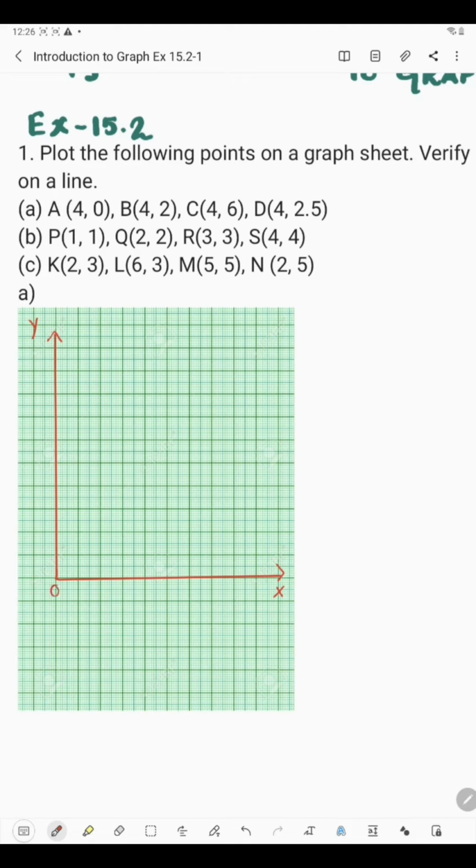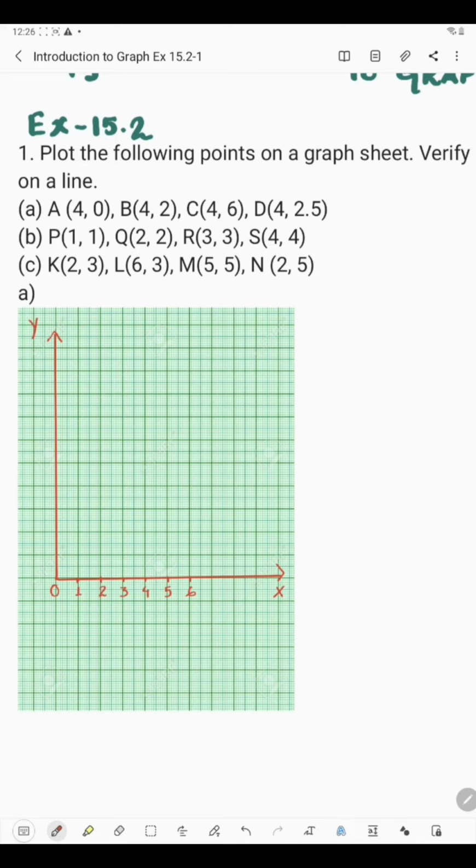Now we will have to take the scale. We'll take one box equal to 1 unit. So here 1, here we have taken one box, and after one box 2, then 3, then 4, then 5, and then 6.